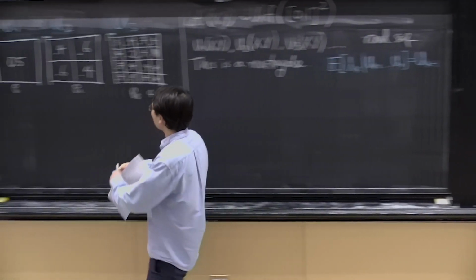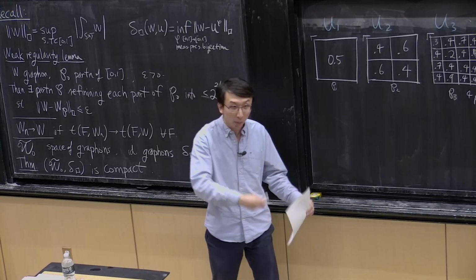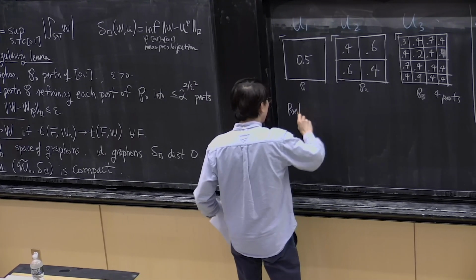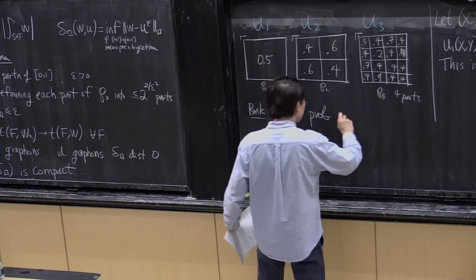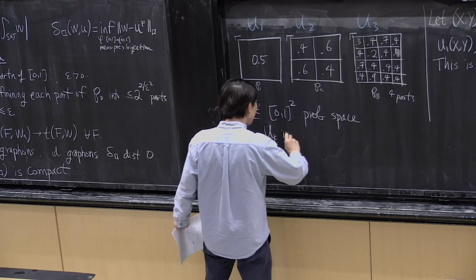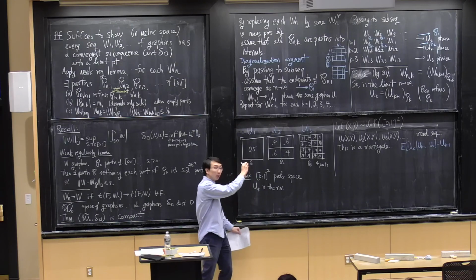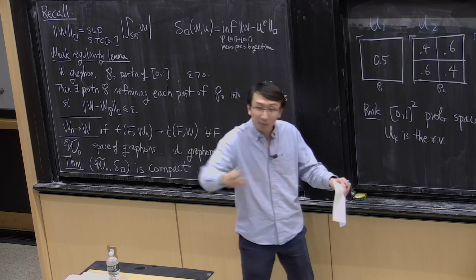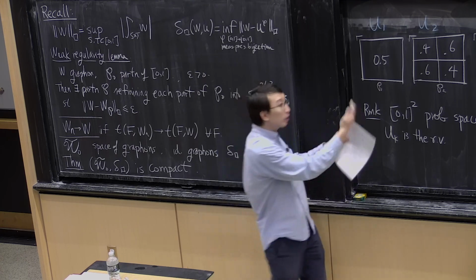A different way to see this, for those of you who know the definition of a random variable in the sense of probability theory, is that you should view this [0,1] squared as the probability space, in which case U itself is the random variable. And this partitioning gives you a filtration of the space. It's a sequence of sigma algebras dividing up the space into finer and finer pieces. This is really what a martingale is.